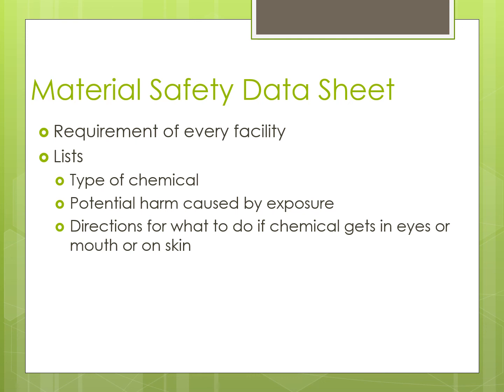That's a chemical. Rubbing alcohol is a chemical. So make sure you know what MSDS sheets are for. It's just a book that tells you the type of chemical, the potential harm, and what to do if you are exposed to that chemical. That's all you have to know about the MSDS sheets.